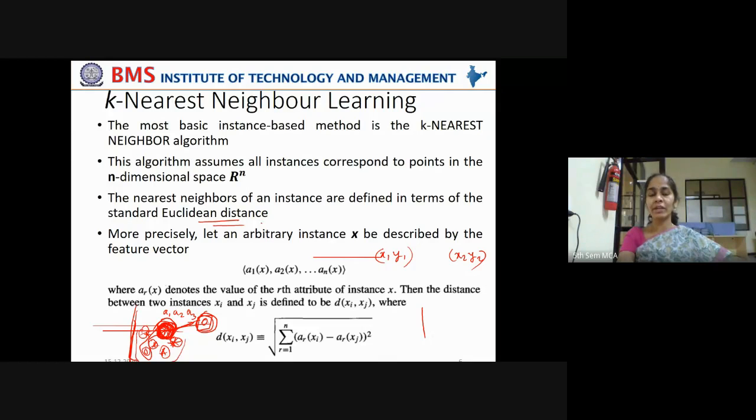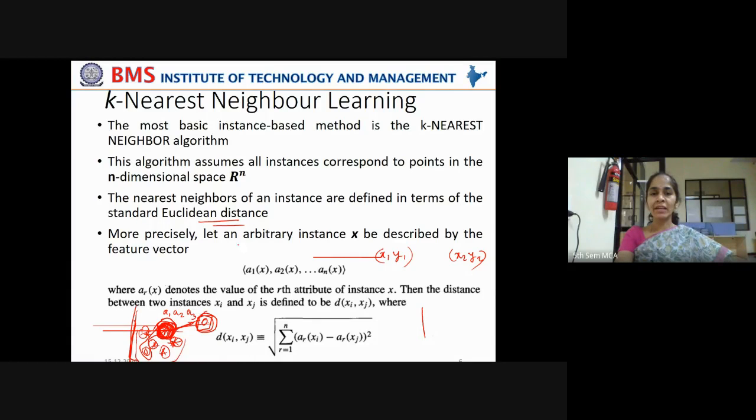For calculating the distance, they are using this Euclidean distance measure. Now, let us understand it more clearly. I have just given you an overview so that when we go into the mathematical terms, you will easily understand.